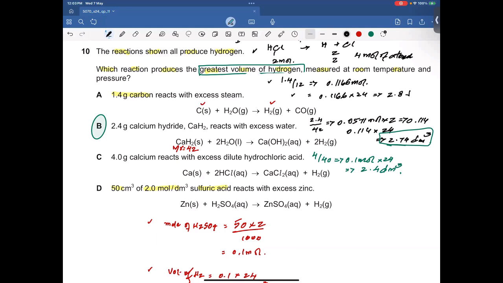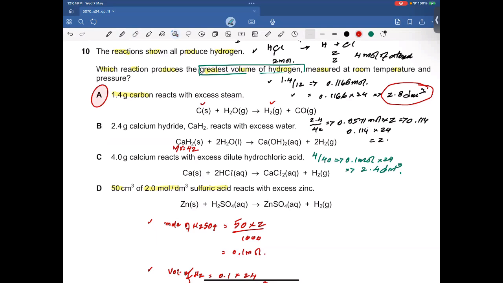So 2.8 dm cube. And obviously 2.8 dm cube is greater than this one. इसका मतलब A is going to be the right answer, okay?